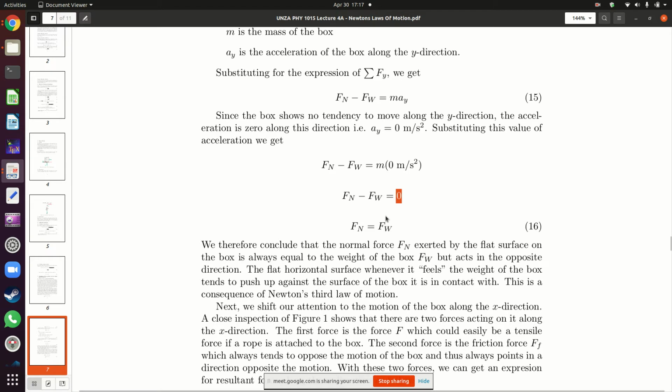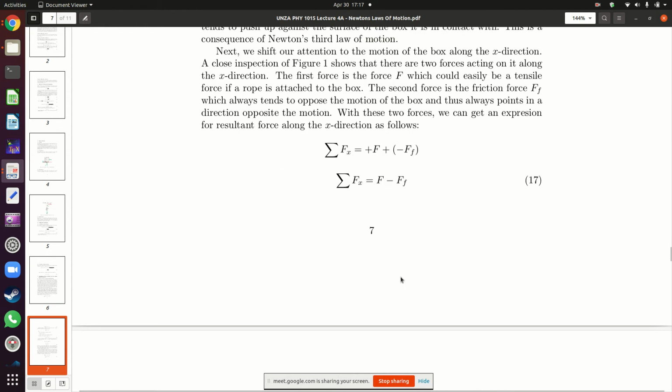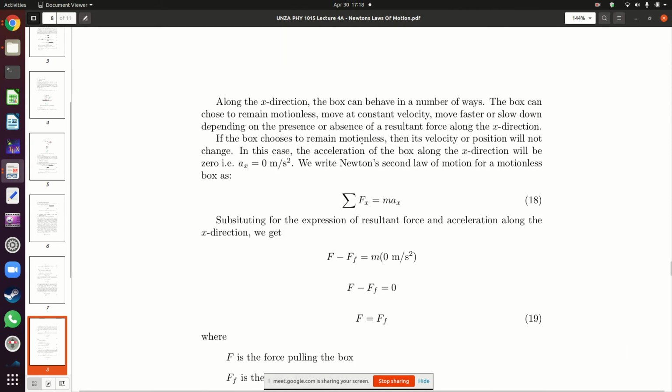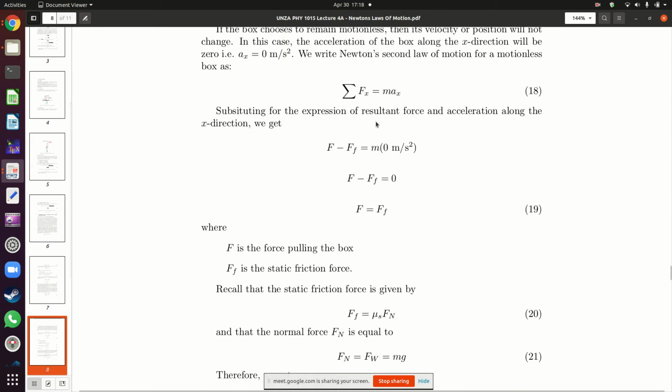If the velocity of the box does not change, you can predict where to find the box. So we have our resultant force along the x direction as F minus FF. With this expression of resultant force, we use Newton's second law of motion in equation 18.